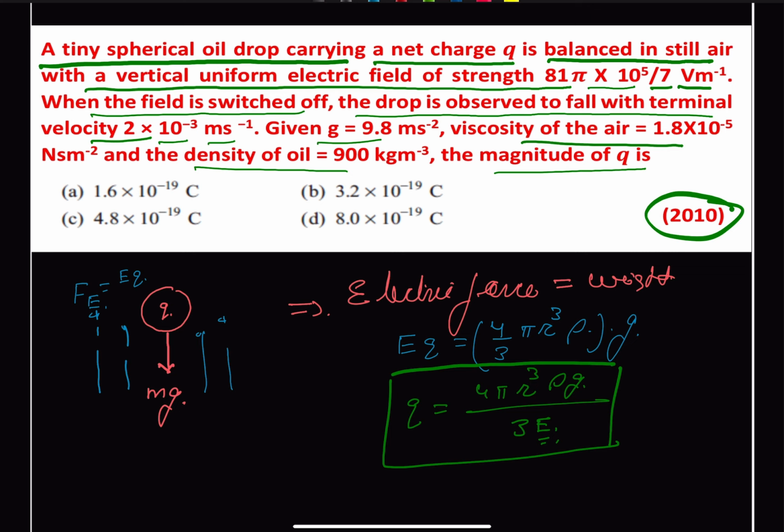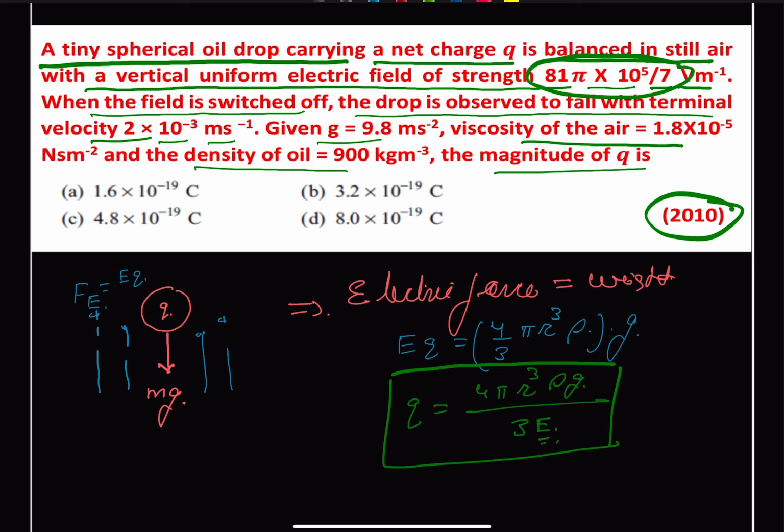In this expression we know everything except the value of the radius. The electric field is given to us as 81 pi into this.